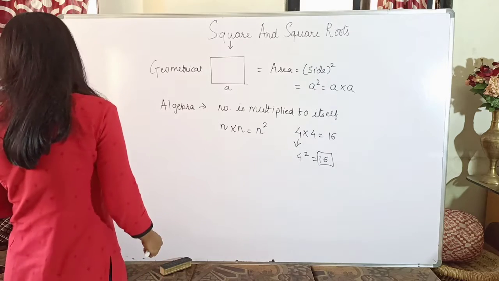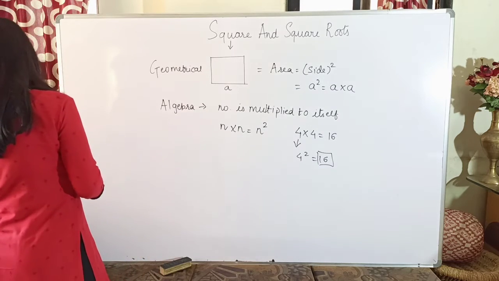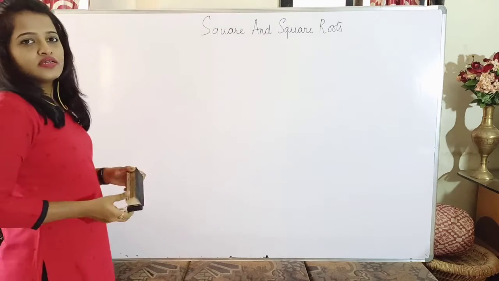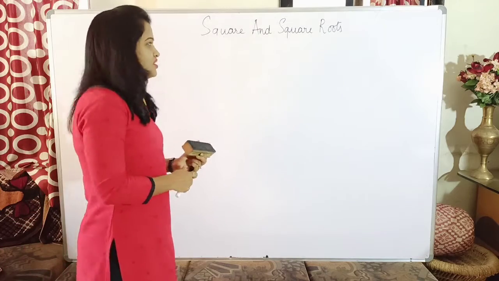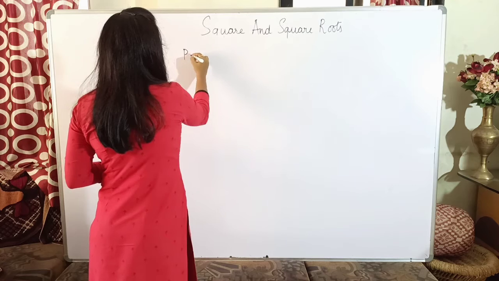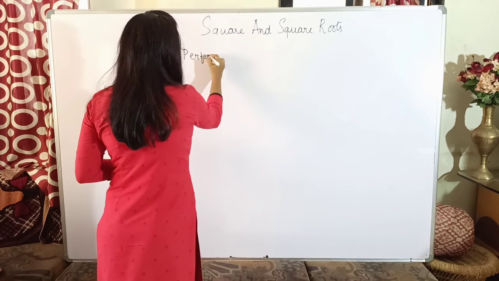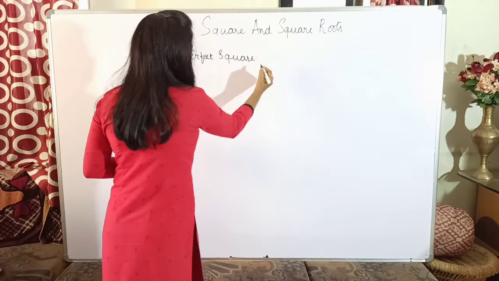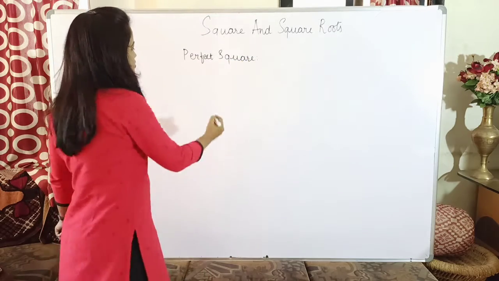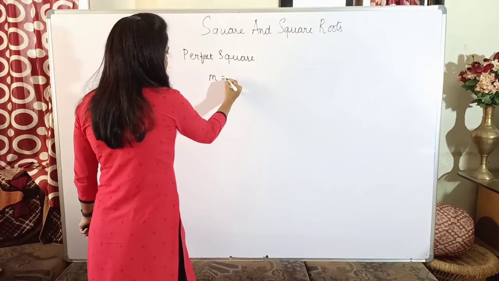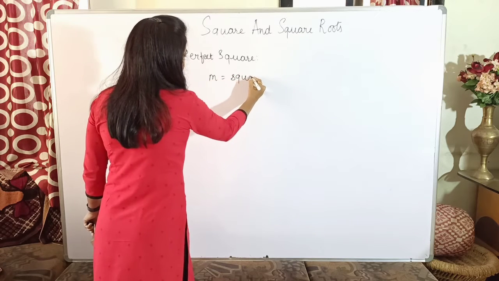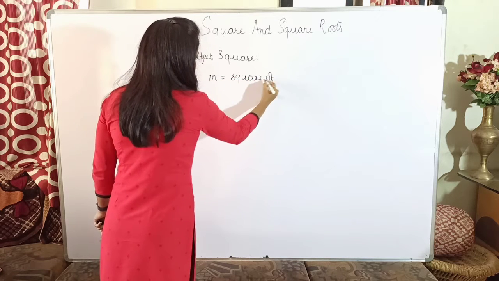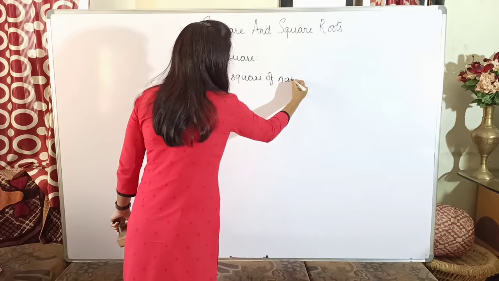Further, the next definition is of a perfect square. Now, which numbers are called perfect squares? Let us suppose m is the square of a natural number n.